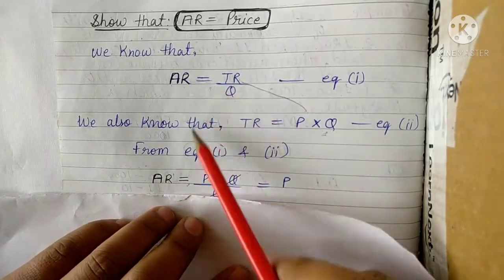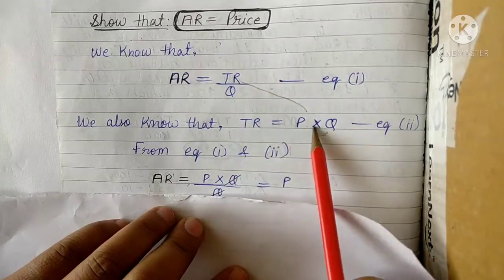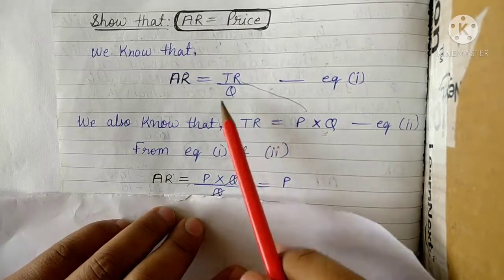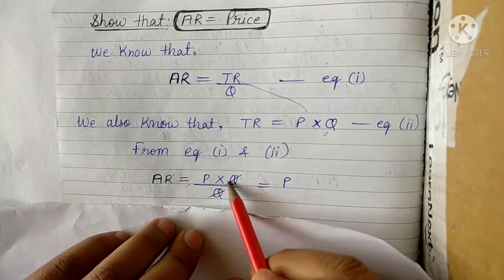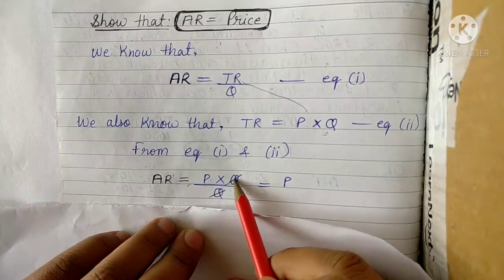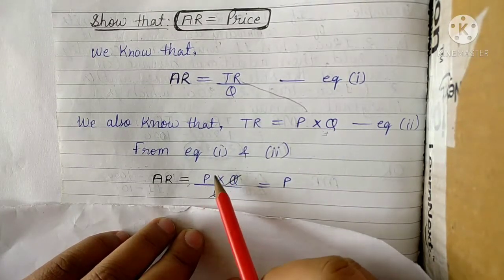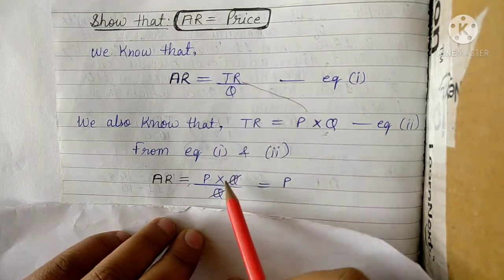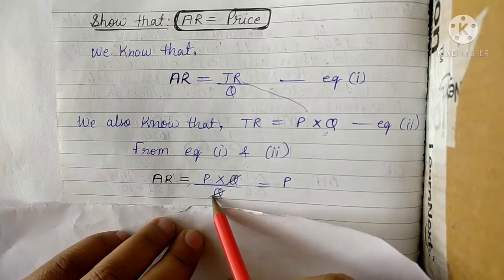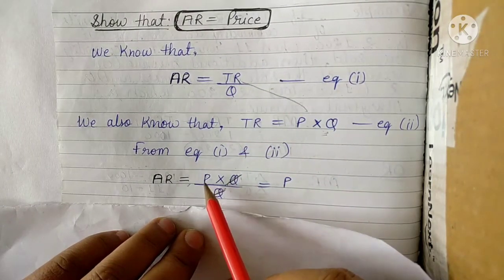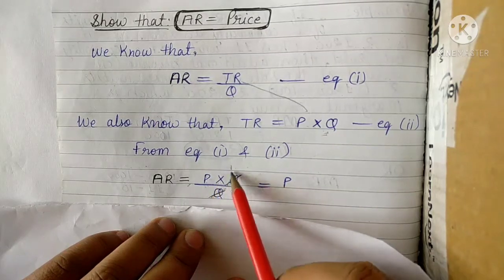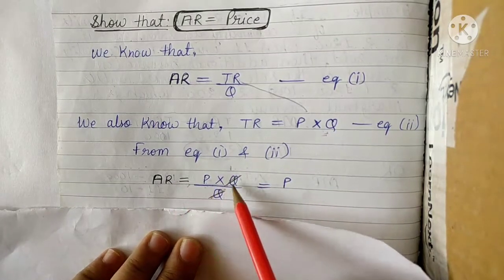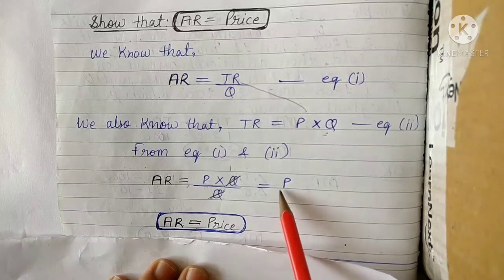AR equals P into Q upon Q. Now from this Q we can cut this Q. So what is left here? P. So AR equals P, and P stands for price.